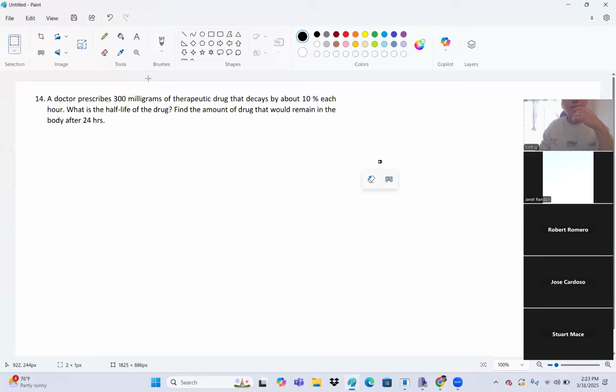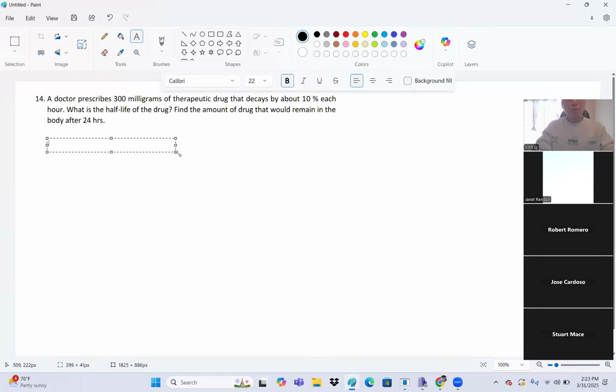All right. So the initial population was 300, right? So we call it P0, and this can be computed by equal to 300.